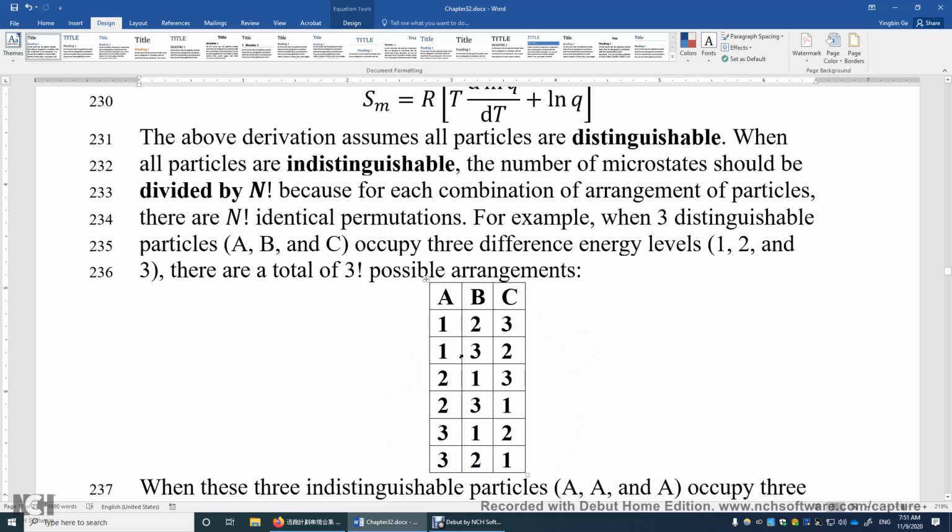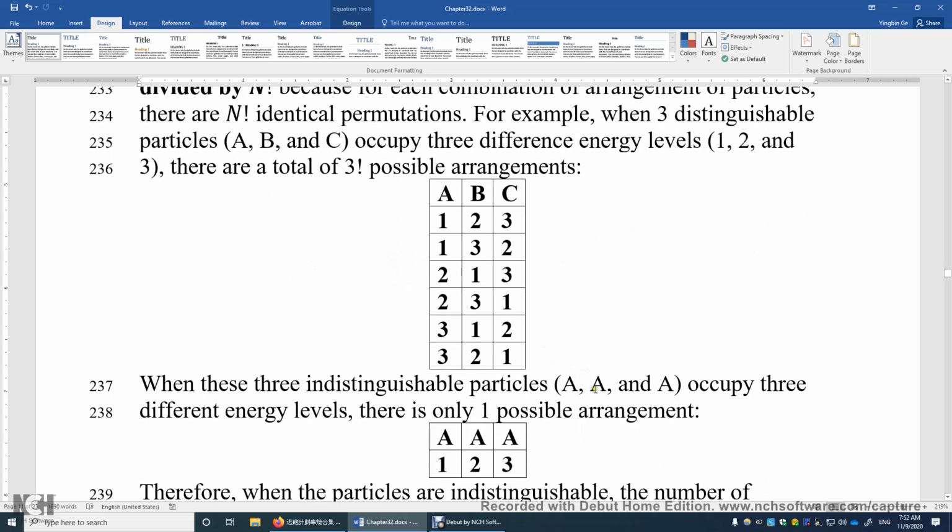What if you have 4 particles occupying 4 different energy levels? Then you have 4 factorial different arrangements. We call them 4 factorial permutations. But if now I tell you these molecules are identical, this A, B, C are just identical, they are indistinguishable, I'm going to just call them A, A, and A. Right now, if you have 3 molecules A occupying 3 different energy levels, there's only one possible arrangement.